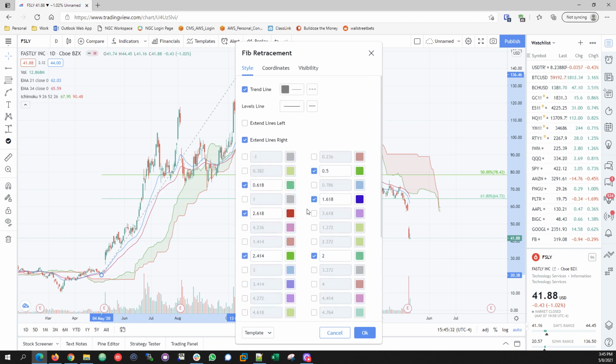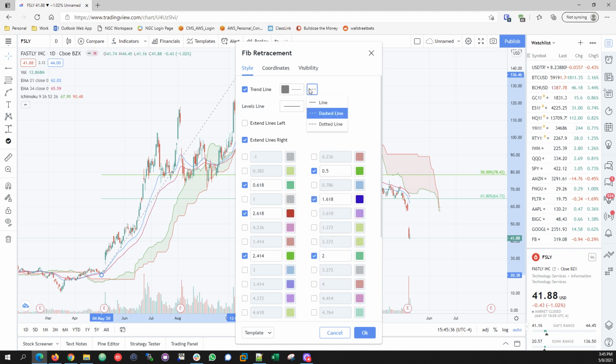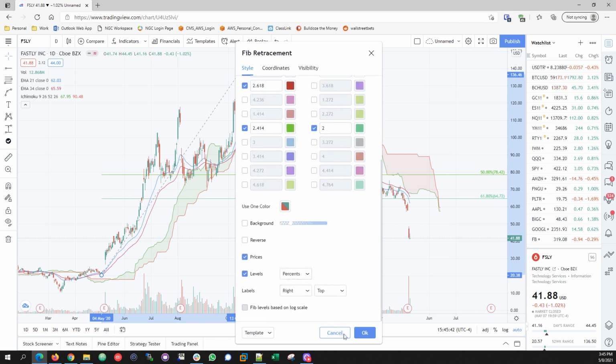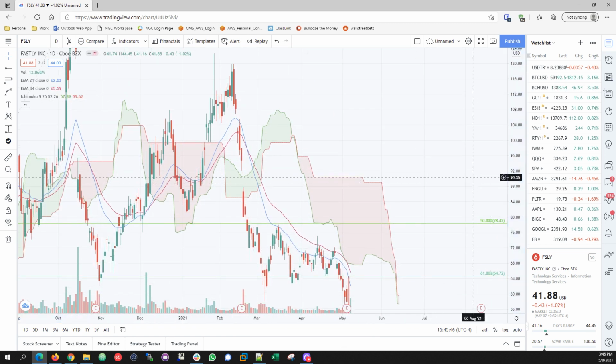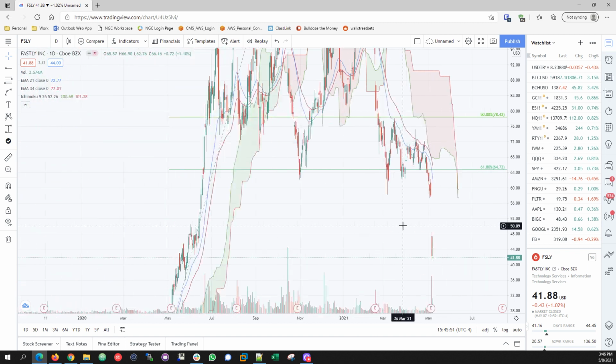How could I adjust these, the color, the base, the thickness? I don't know, I'll have to play around with it, but it's hard to see. But here you go. This was the 61.8. It lost it permanently now.